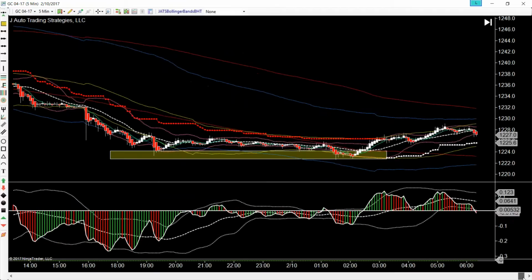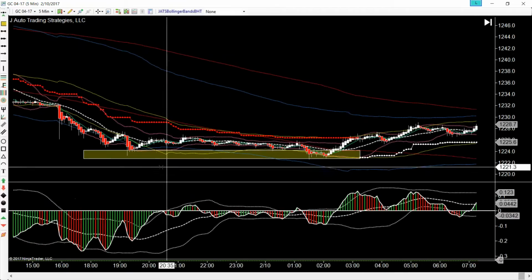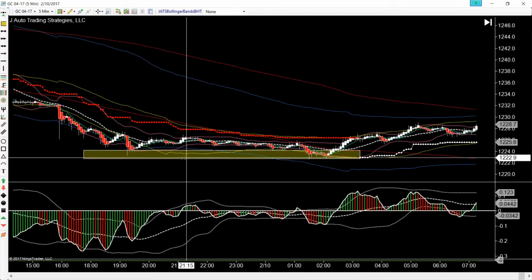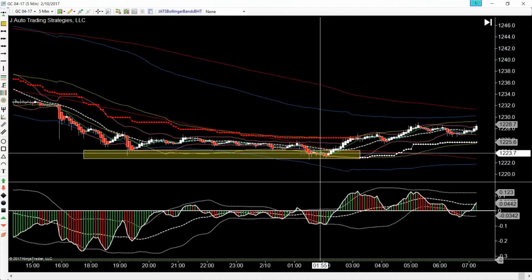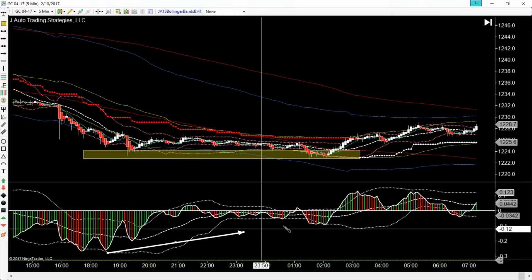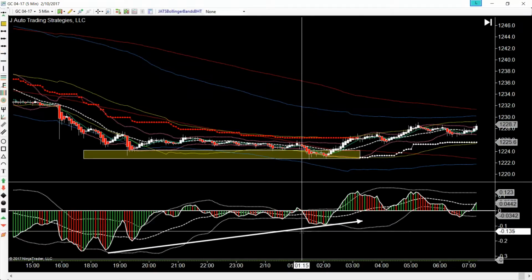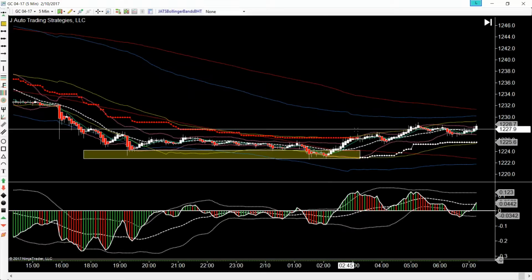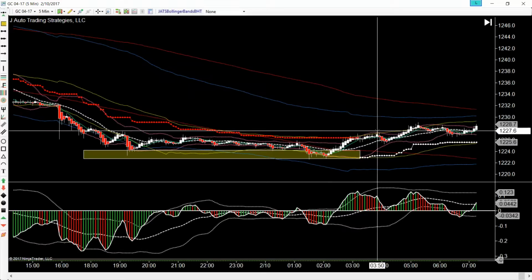Here's another example. Price coming back in, testing this area on much higher momentum. You can either wait for the volatility level to get hit.